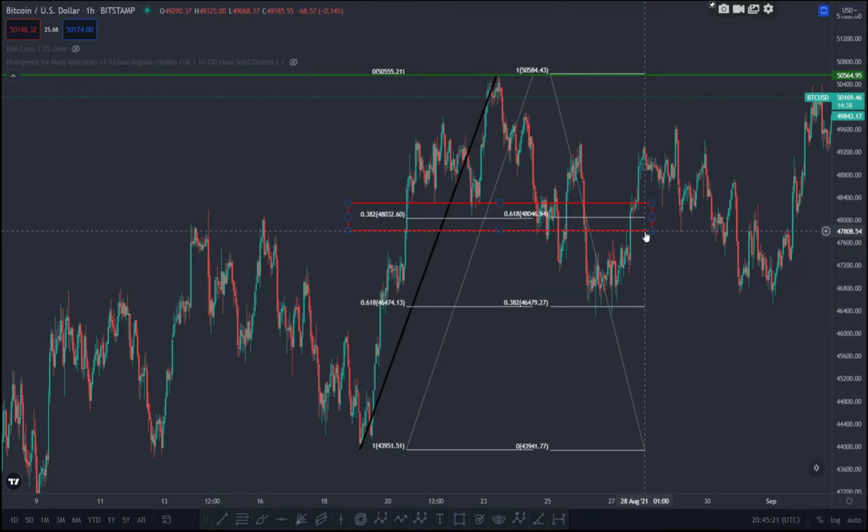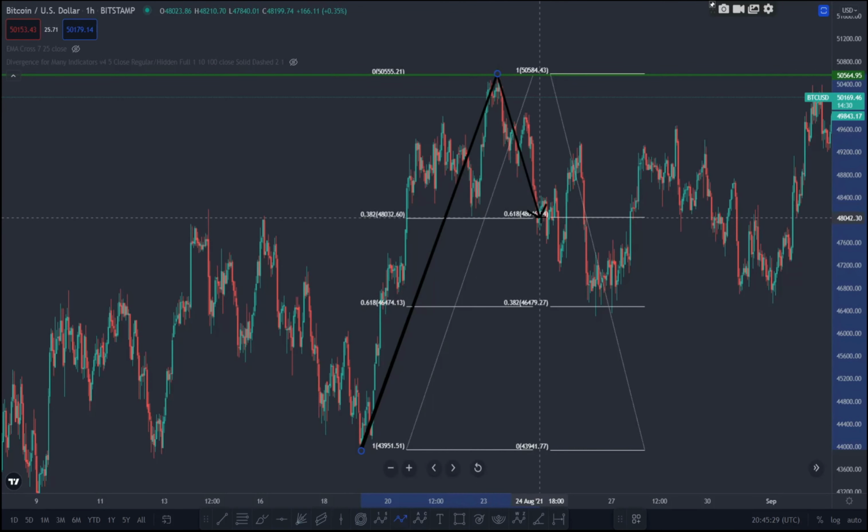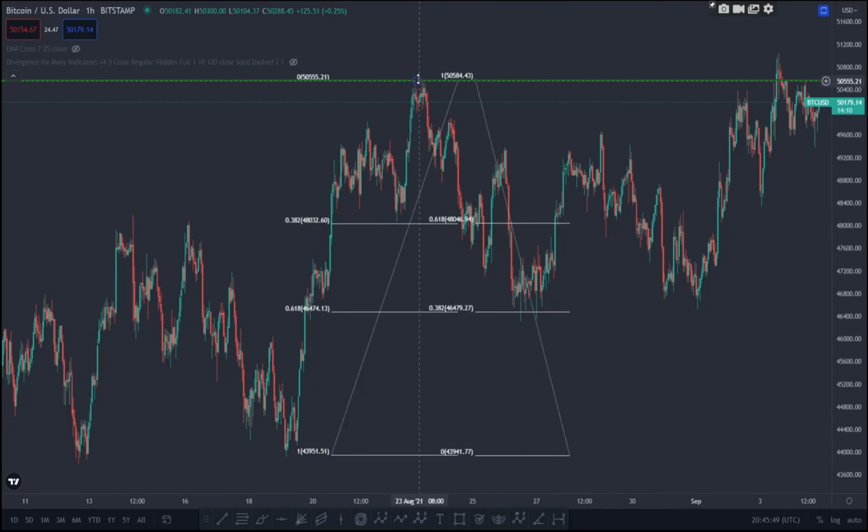Okay, and you'll see that the price got retraced perfectly to this area. This area, and it could actually drop lower to this area. Perfect. And what does it do? It bounces back up. Okay, we can also see what it does.